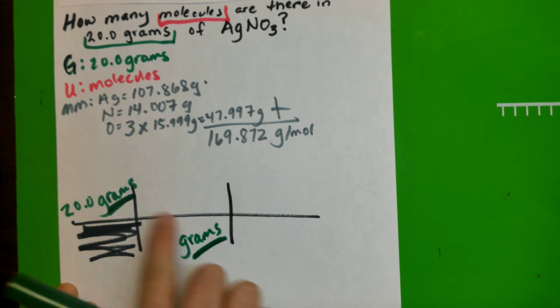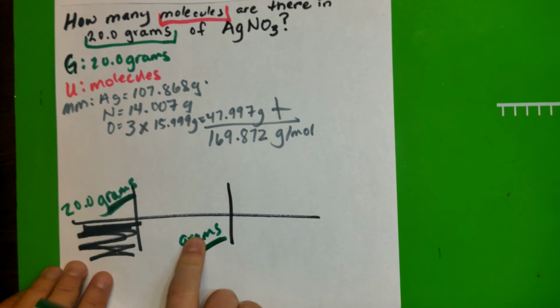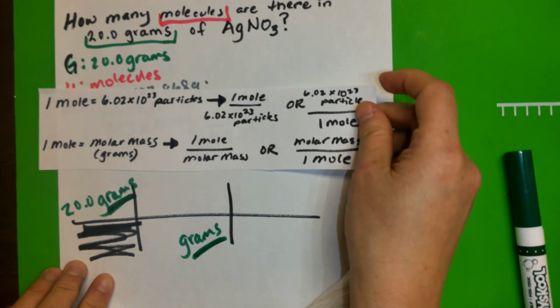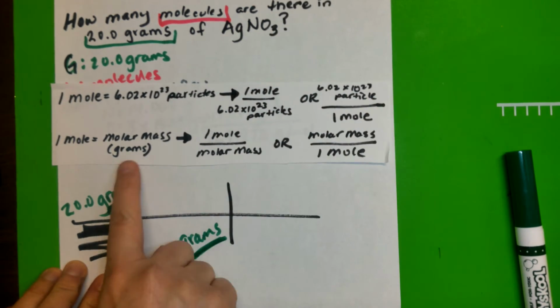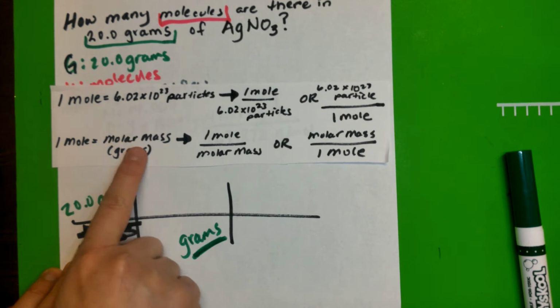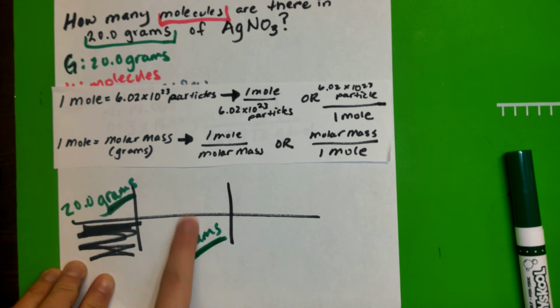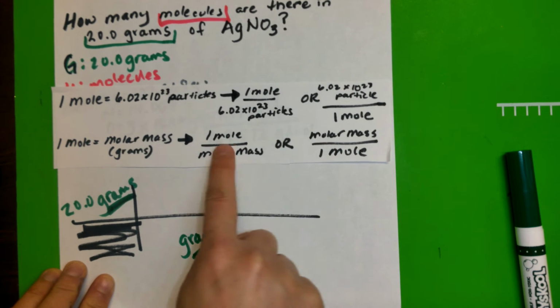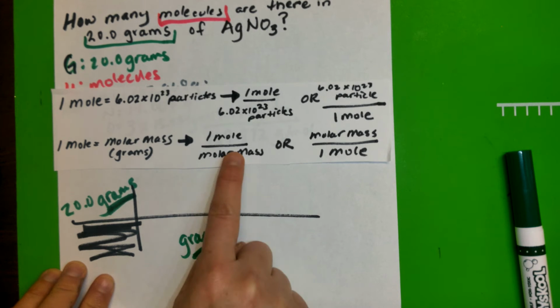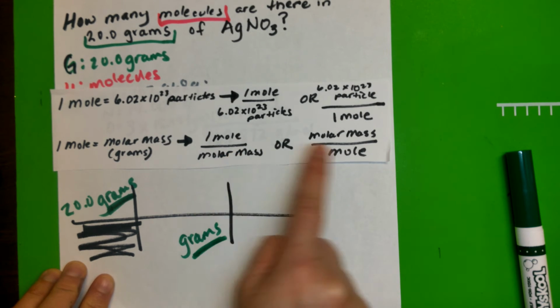It has to be the same. Grams is per molar mass, so you're not using this one, you're using this one. Grams is molar mass, so it's on the bottom.